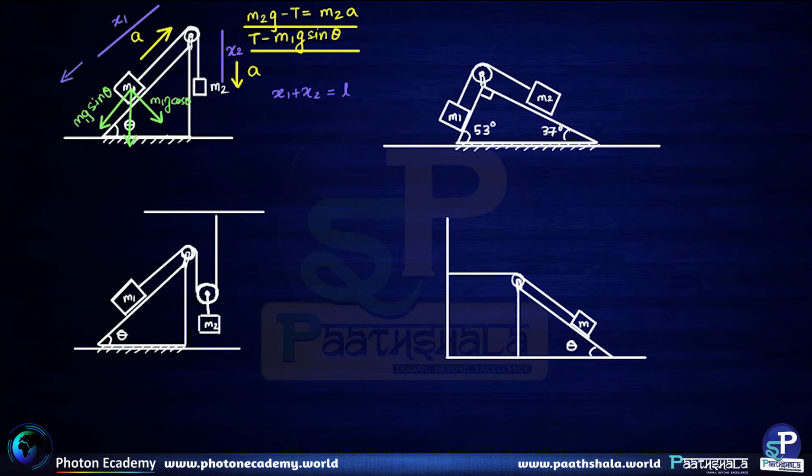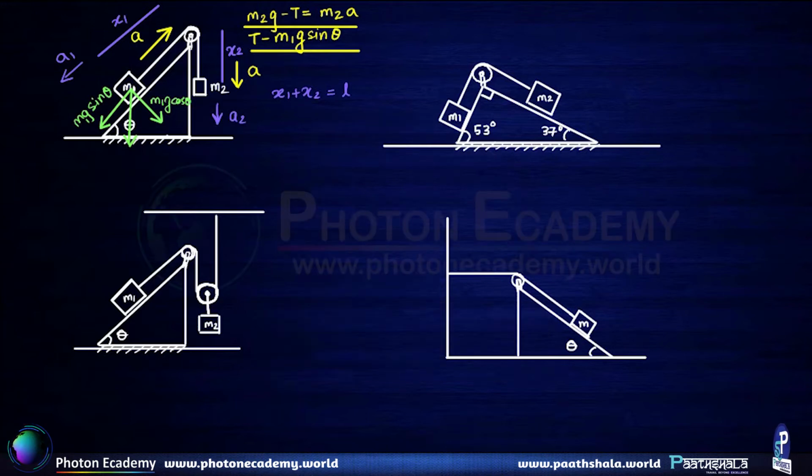In that case, we would have to assume the acceleration of mass m1 to be down the slope and acceleration of mass m2 to be in the shown downward direction. So after double differentiating x1 and x2, we get a1 plus a2 is equal to 0.